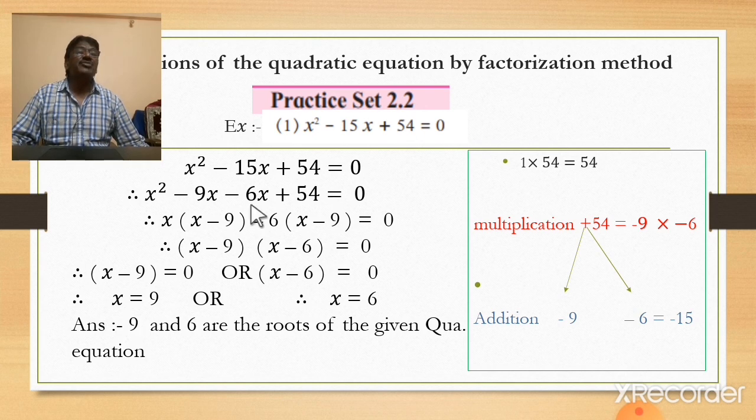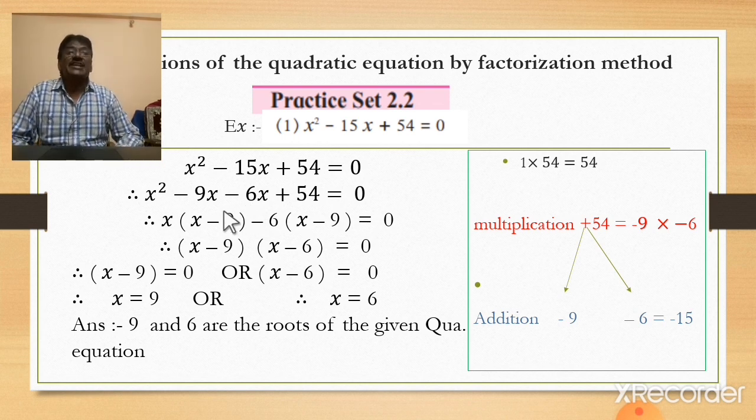1 into 54, that is 54. And now we have to find two numbers whose addition is minus 15 and multiplication is 54.